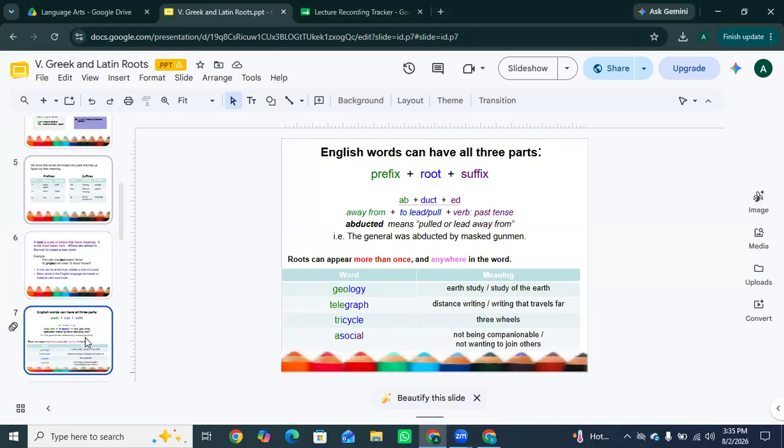So here we have an example. Prefix ab, root duct, and suffix ed. Let's break it down. Ab means away, duct means lead, ed is past tense. So the meaning is led away.